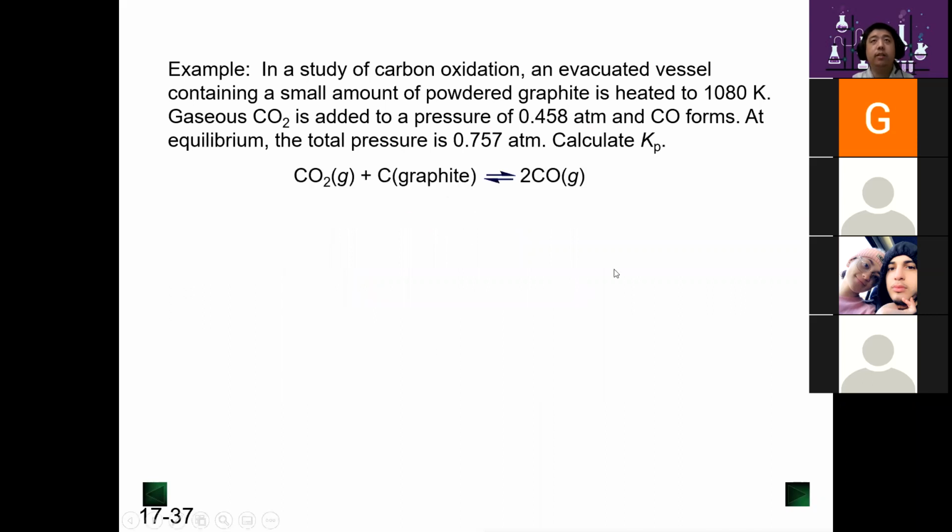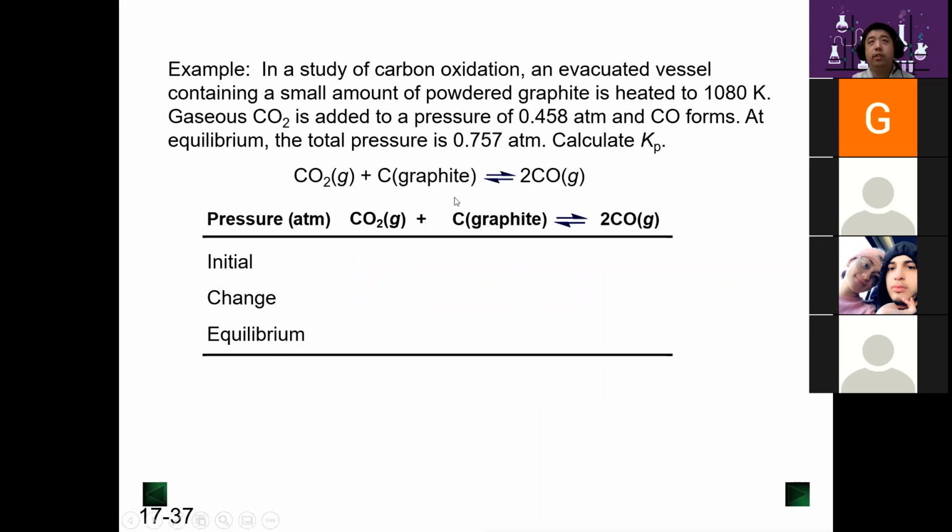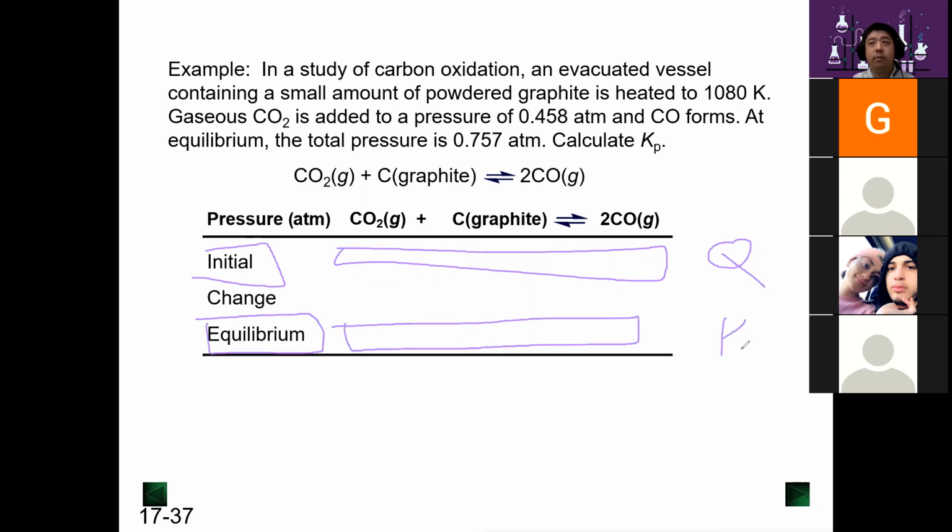Now, with that said, let's go ahead and set up our equation. It's always called my ICE table because I do an initial, change, and equilibrium. My initial values essentially represent my Q value. Whatever values I have in equilibrium essentially represent my K value.